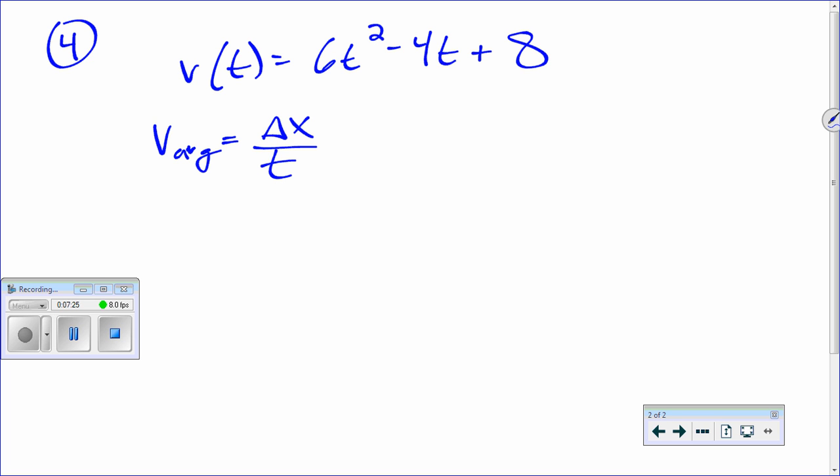So how can I use a velocity time function to find my displacement? Integrate, right? So our displacement is the integral between our 2 times, between 1 and 3 seconds, of v of t with respect to time. So that'll give you your displacement. Then you can find your average velocity.